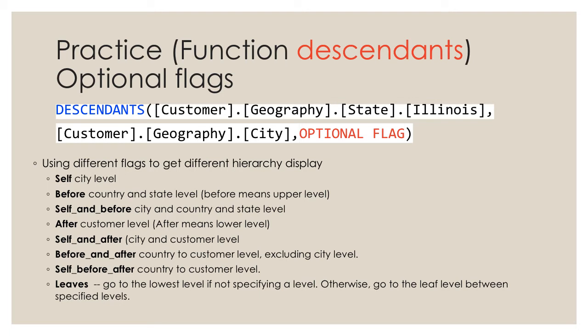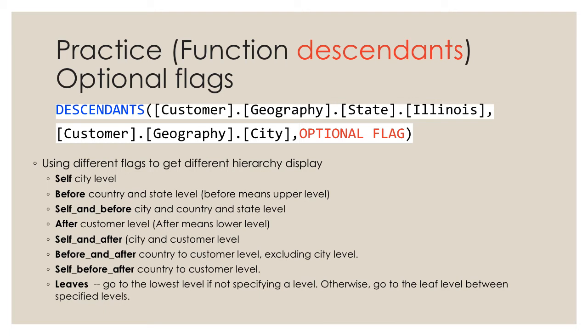So it means one upper level, right? So before means country and state level, so you should have Illinois and United States. Just one level, right? Not going up to continent level or all? Do you get all levels up or just one level? You get all levels up for before.